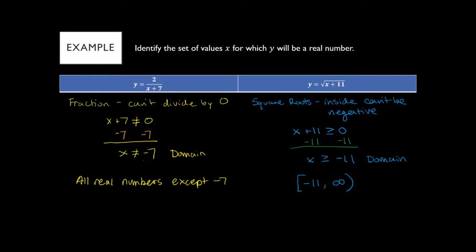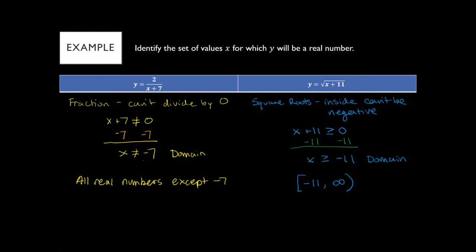How do we know negative 11 should be on that left side there? We always write it from the smallest to the largest. So negative 11 is smaller than infinity, so that has to be on the left. Okay, so that's the rule, just because it's smaller. Yes, it always goes smallest to largest.